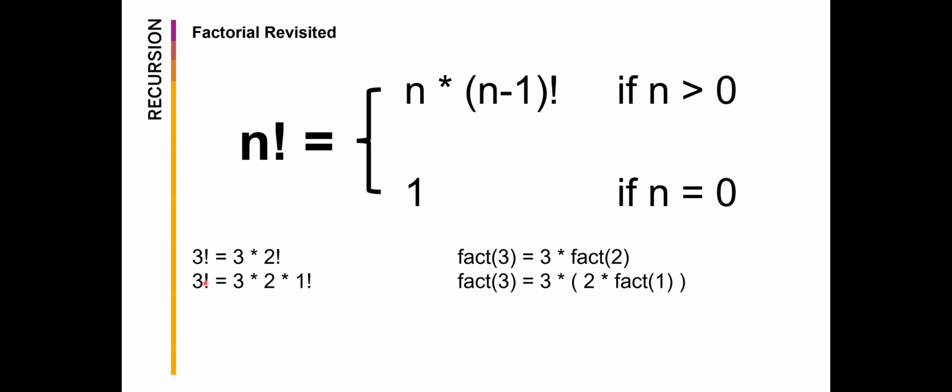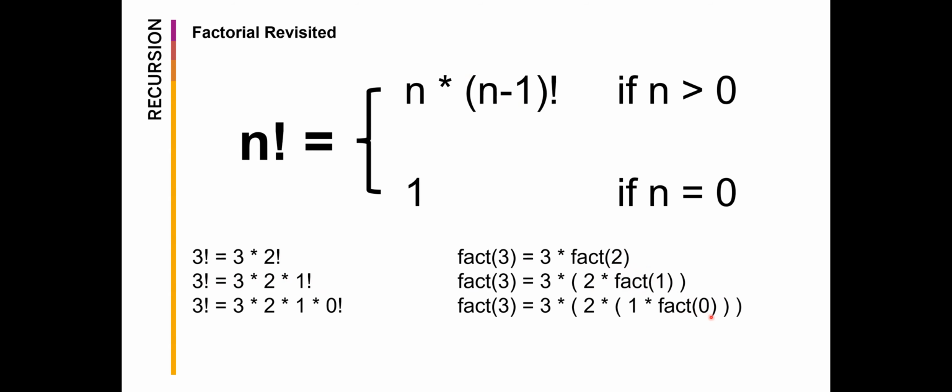We called the factorial function again while within the fact 2, while within the fact 3 call. So we proceed and then we arrive at fact 0.